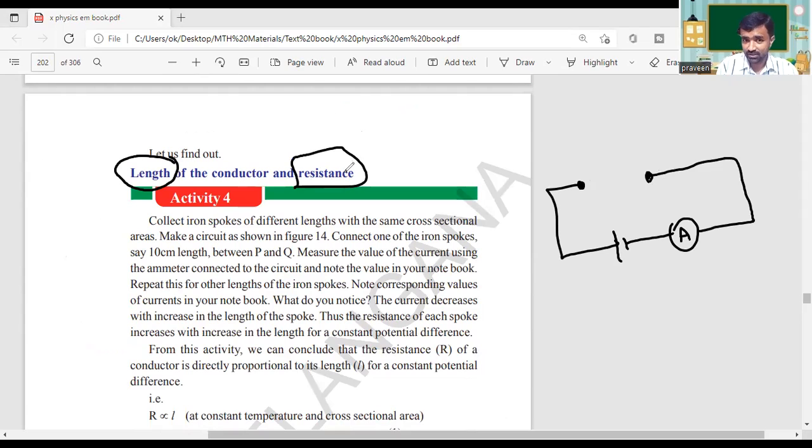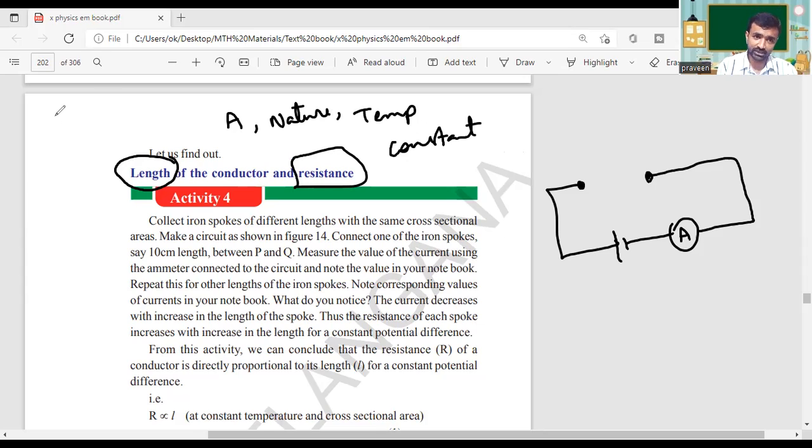For this observation, I need to maintain the cross-sectional area, then the nature, only one type of material wire, and the temperature constant. I am changing only the length.